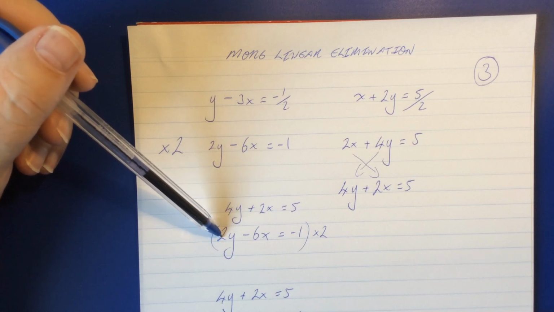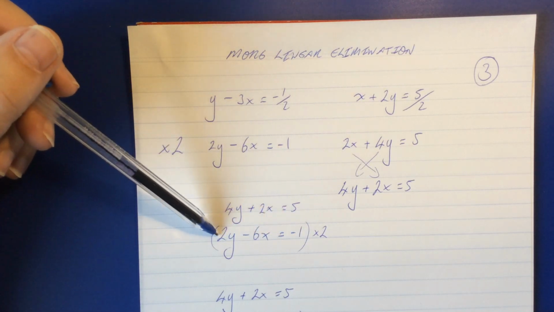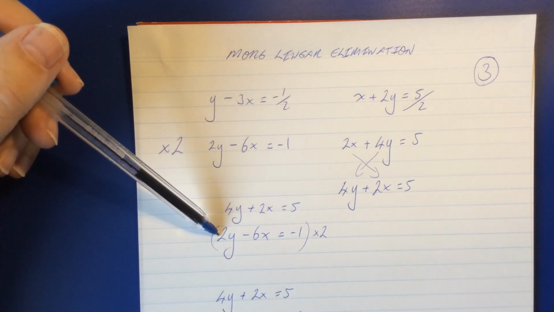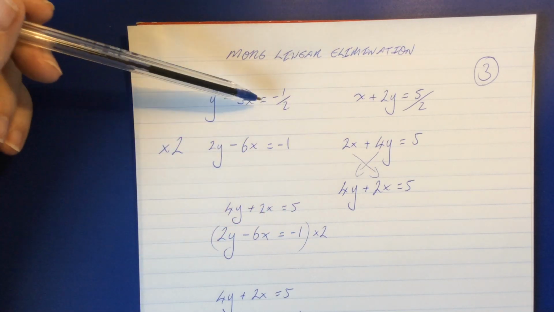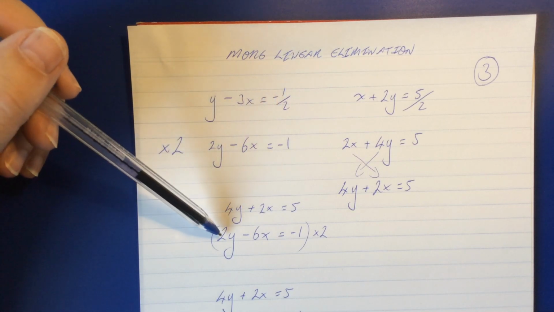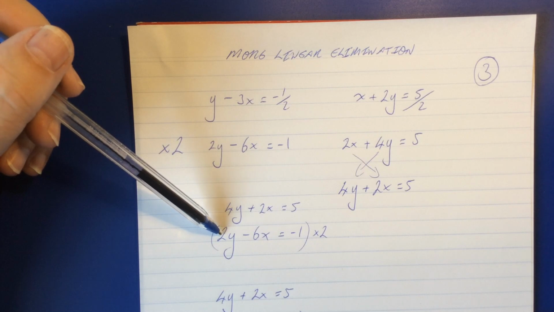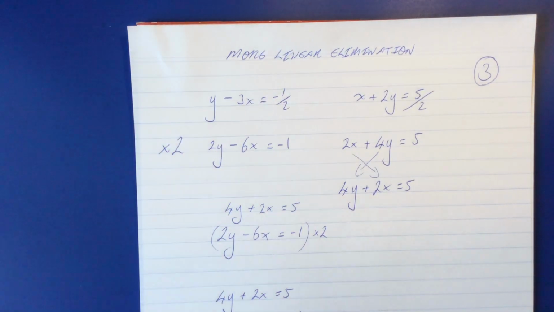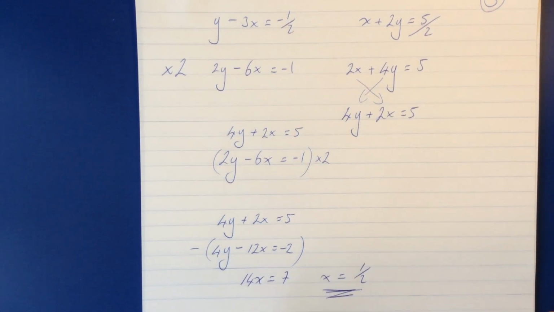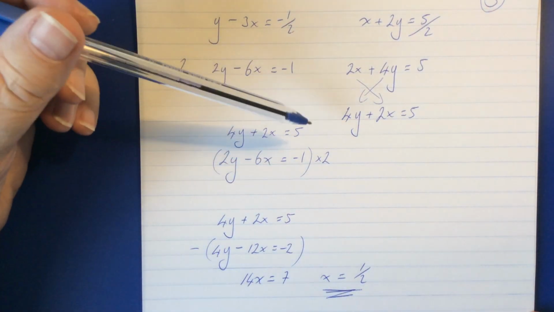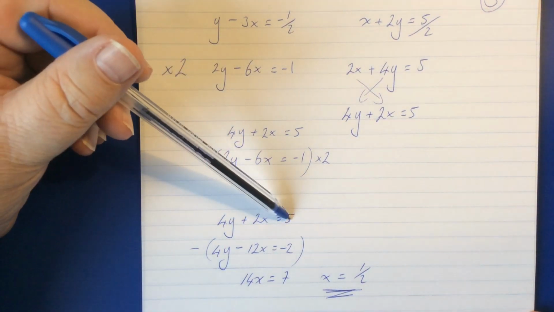So in order to do that, I'm going to multiply this line by 2. Initially I multiplied by 2 to get rid of the fraction. Now I'm multiplying up to make this expression here equal 4y. And you can see the result of that here. I've done nothing to the top.